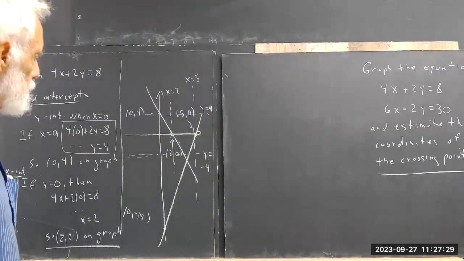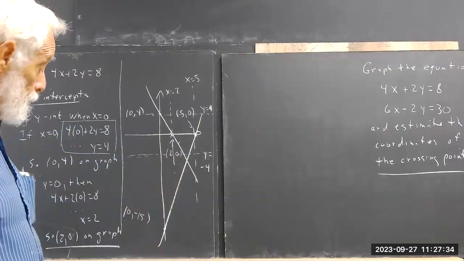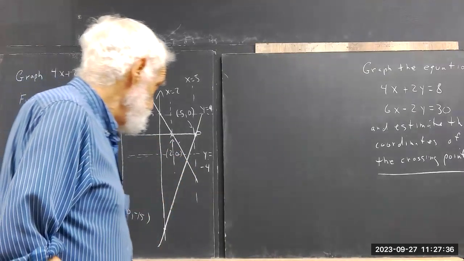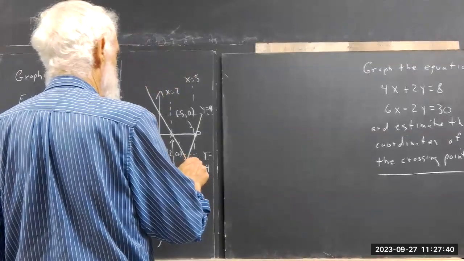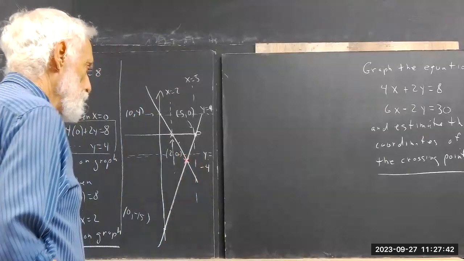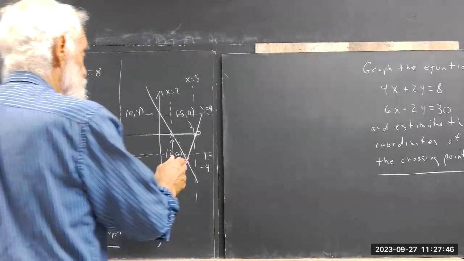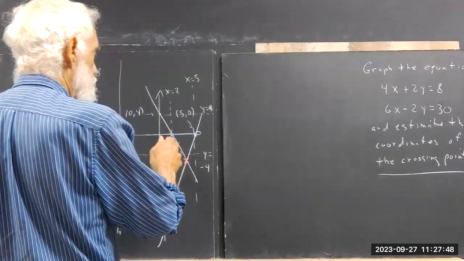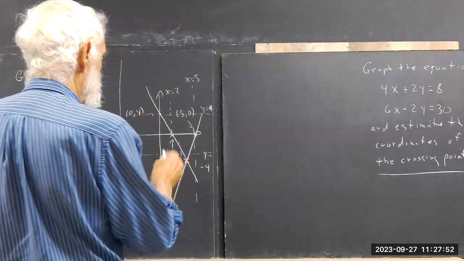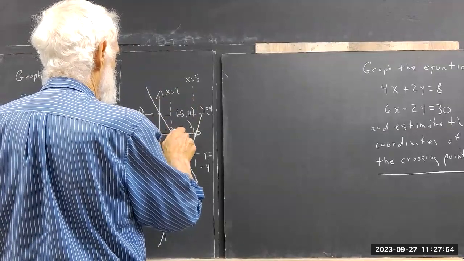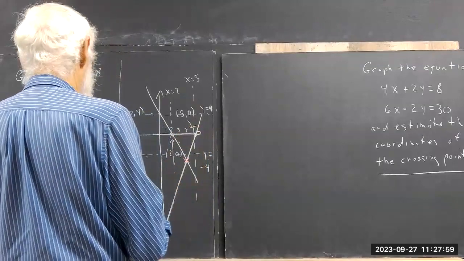Now what we want to do is estimate the coordinates of this point. Here's the crossing point. Now what's the x coordinate here? Well, here x is 2, here x is 5. And if you want to put a scale on it, you could do 1, 2, 3, 4, 5.